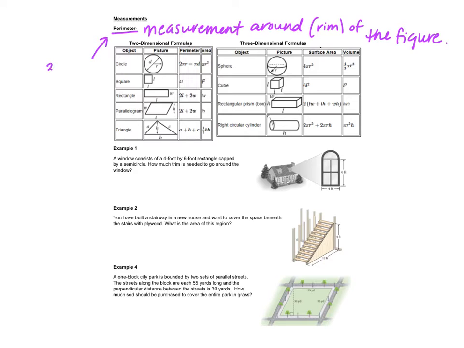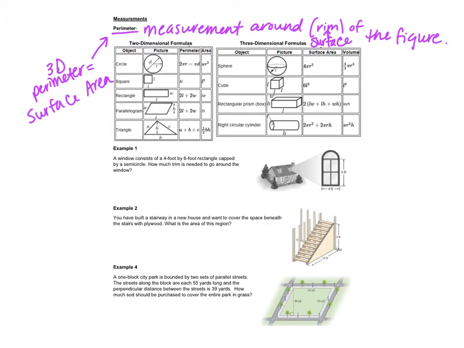But when we get into a 3D figure, a third dimension, the perimeter is really called the surface area. Some of us get confused because perimeter and area are two different things. Well, you're right, but in a three-dimensional space, the surface is really the rim. So the surface is what we want to measure around. I'm going to add up the measurement around the rim, which we can also think of as the surface.